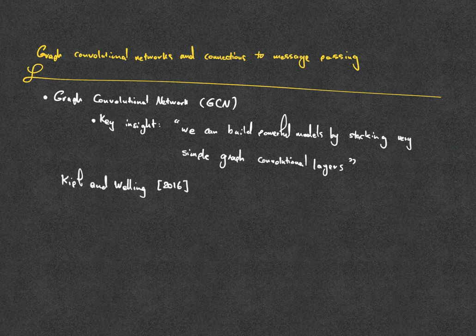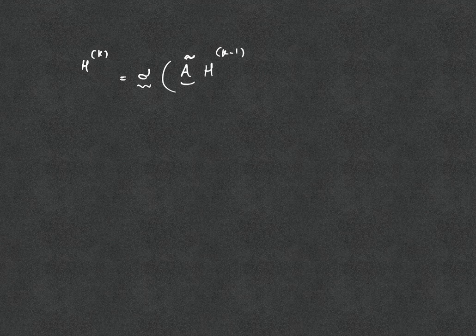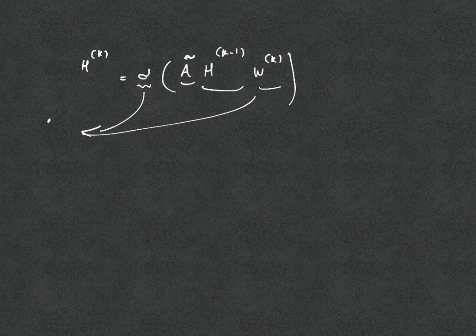In this work, a basic graph convolutional neural network layer is defined as HK, and nonlinearity here is a normalized version of the adjacency matrix, the representations from the previous layer, and learnable weights. So this nonlinearity and learnable weights are what we are adding to the notation of the convolutions.